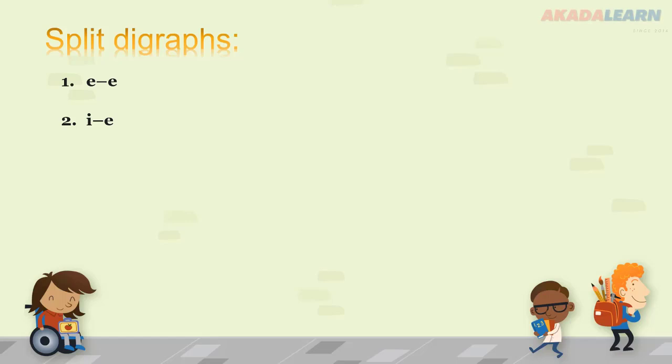For example, now we have E and E together making the E sound. Now a letter is going to come in between them. First of all, they are split, that is separated, and then you see a letter has come in between them. And what's this letter? The letter V, and V makes a V sound.